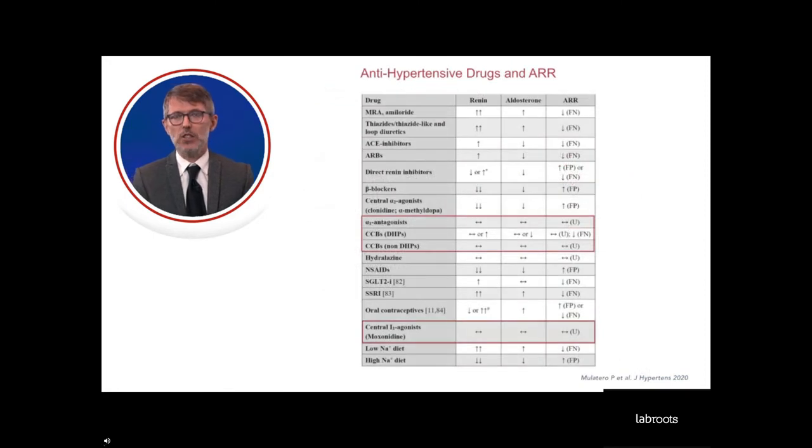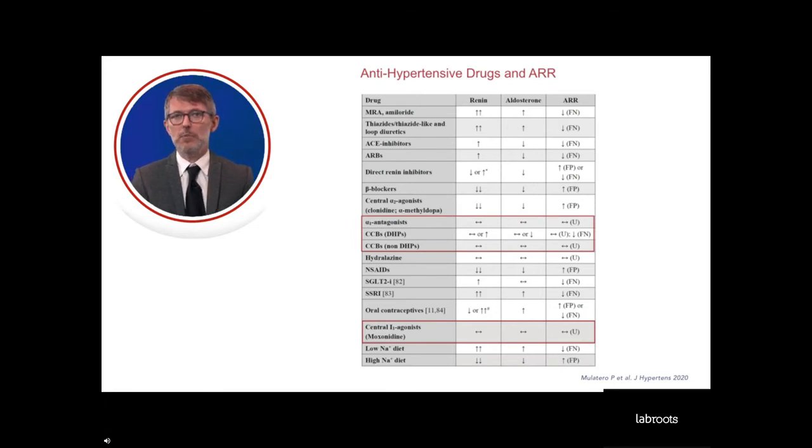Of course, the aldosterone-renin ratio should be measured without interfering antihypertensive therapy, because we know that most of the antihypertensive drugs could determine an alteration of the aldosterone-renin ratio. Ideally, we should perform the measurement without therapy, before beginning the therapy. But in most cases, this is not possible.